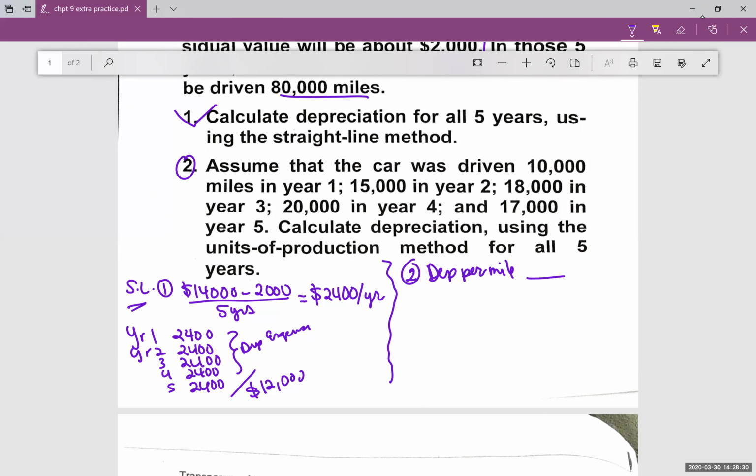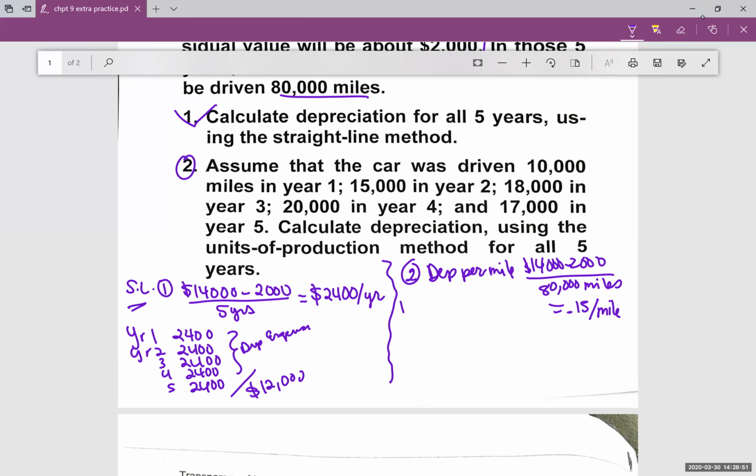As you remember, the number on the top is the same. It's the cost minus the residual value. This time, they think they can drive this car for 80,000 miles. So once you do the math, it's money per mile, and that comes out to be 15 cents per mile.